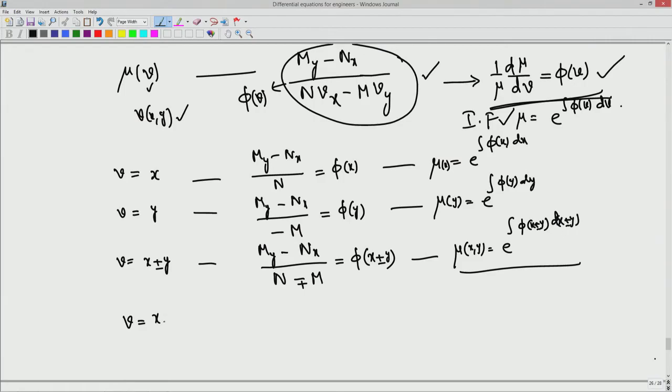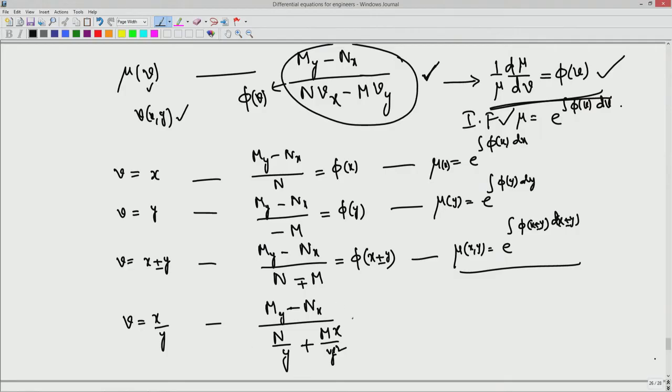So x by y, if you are looking for v as a function of x by y, what you have to verify again here is (∂m/∂y − ∂n/∂x) divided by (n·v_x − m·v_y), which is n by y plus m x by y square.